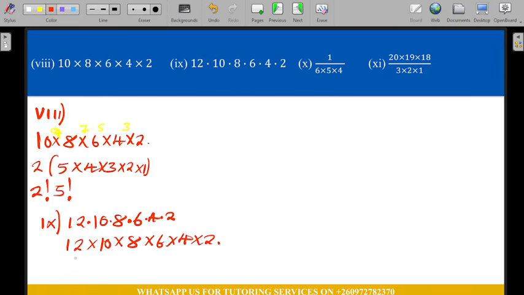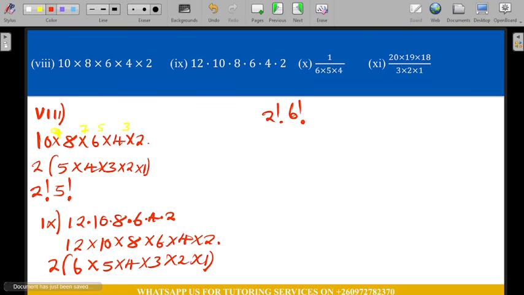Here we can also check: these are still multiples of 2, so we still have the common difference of 2. So we'll factor out a 2. Then we'll have 6 times 5 times 4 times 3 times 2 times 1. So the 2 can be written as 2 factorial. Then 6 up to 1, that's 6 factorial. So that becomes the answer.